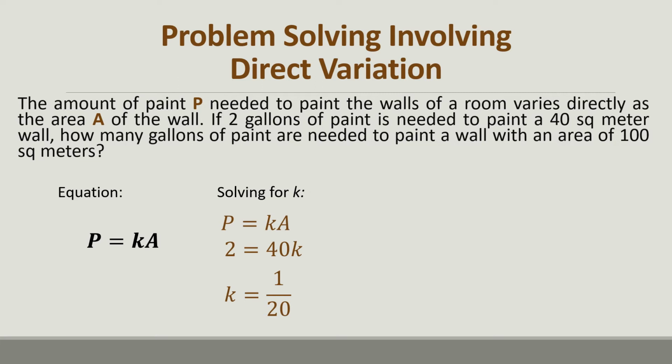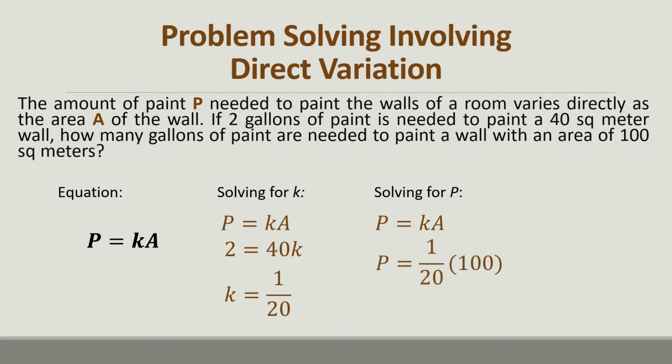Now that we have K, we can now solve for what is being asked in the problem, and that's the number of gallons of paint. So solving for P, again we write the equation and we substitute the values that we have. So K is equal to 1 over 20, and the area of the wall is 100.